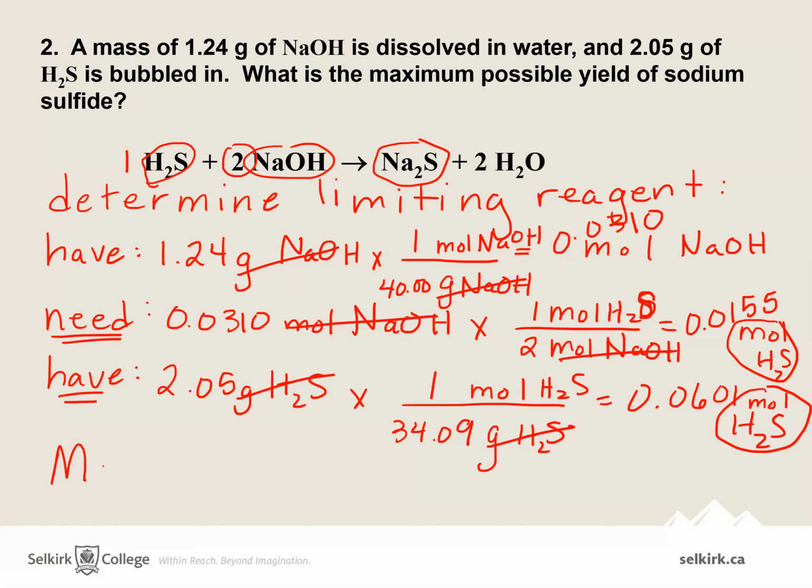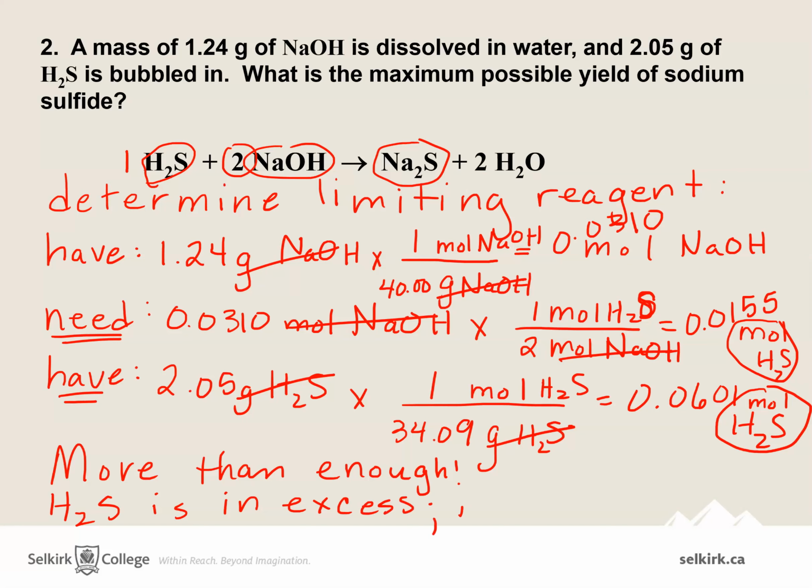I have more than enough. H2S is in excess. Some will be left over when this reaction is done. That means that the sodium hydroxide is the limiting reagent.